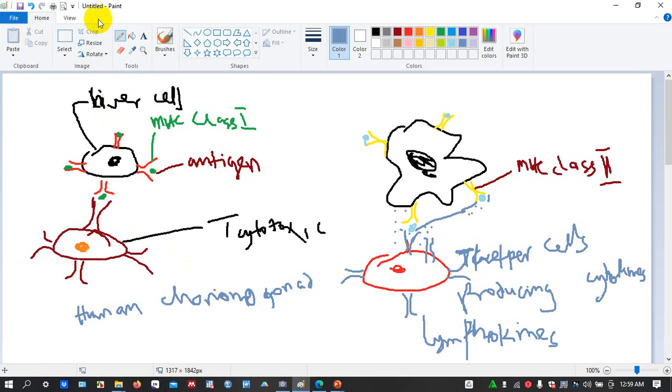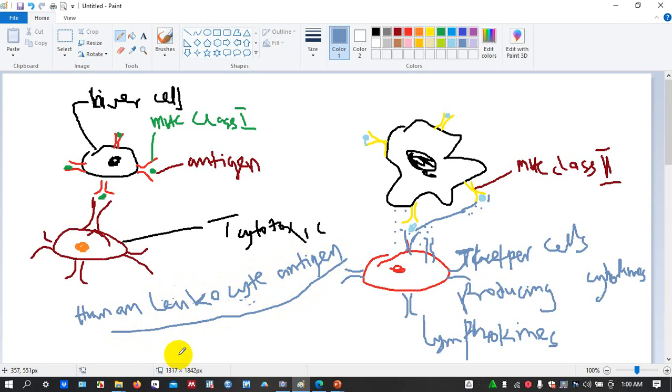In humans, the MHC gene is called human leukocyte antigen, or HLA for short. So instead of MHC, we rather have HLA in human beings.